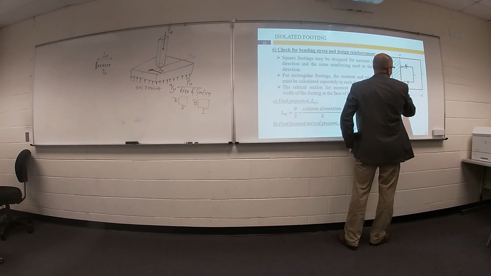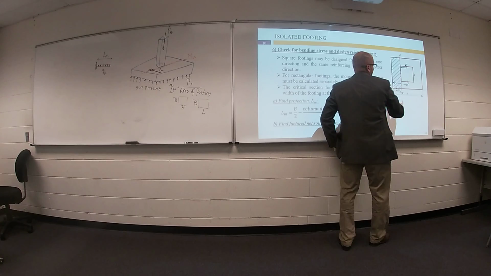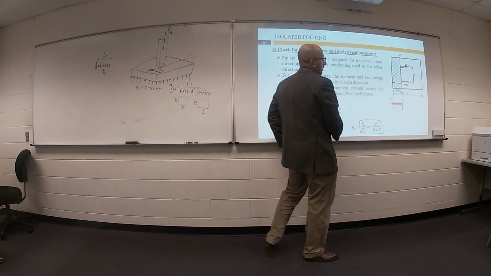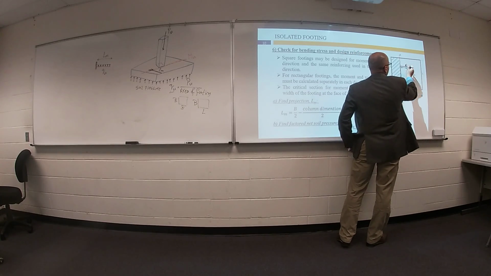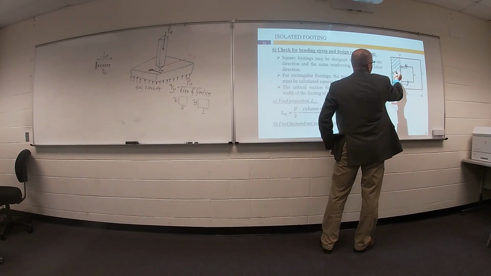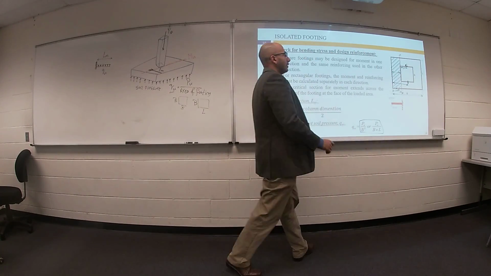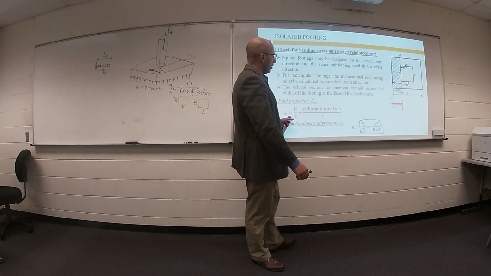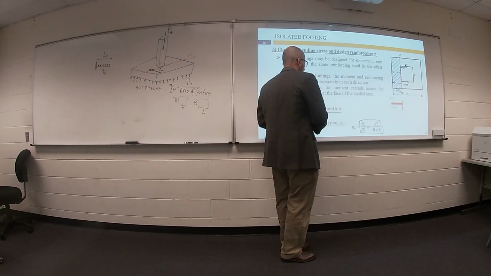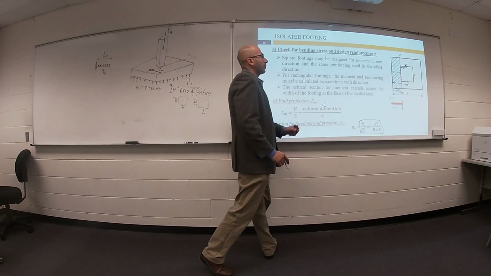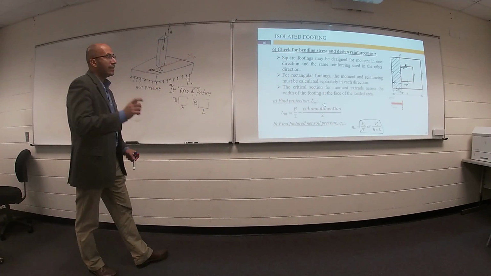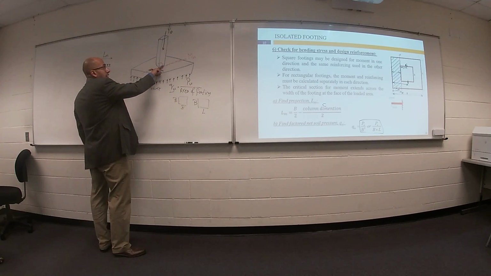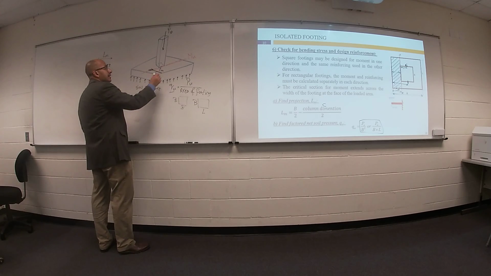So if you subtract this total distance, B divide 2, minus your column dimension by 2, I can get this distance. That's right. So LM equal B divide 2 minus your column dimension C divide 2. I can get the distance of footing after the face of the column.